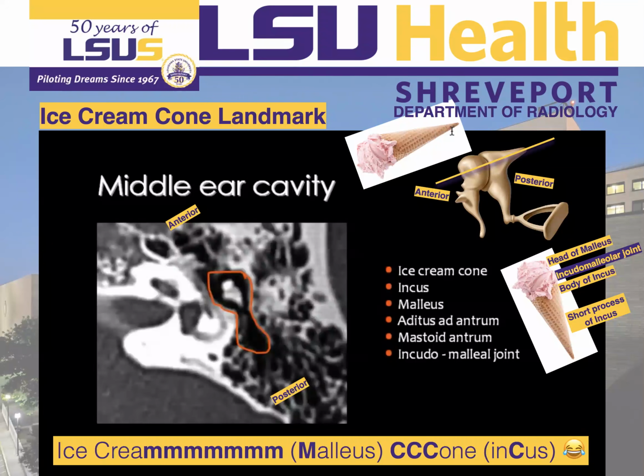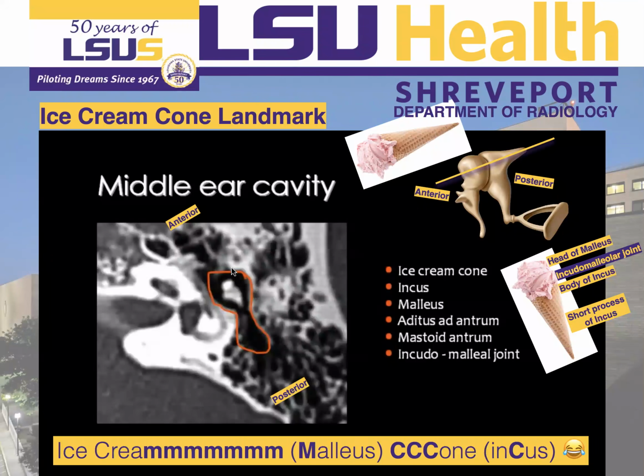Sometimes you can lose a question because on the board they point towards a structure and you have to say what structure it is. So okay, this is the head of the malleus. The ice cream itself is the head of the malleus, right here, okay? The body of the incus and the short process of the incus, okay?